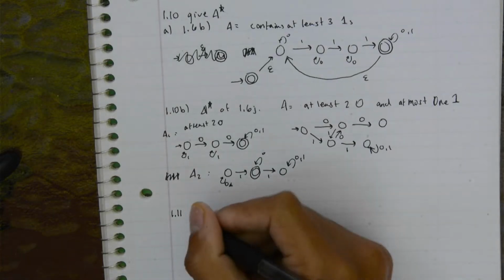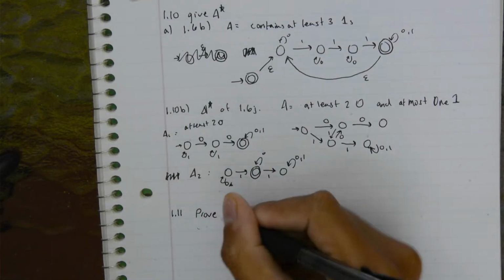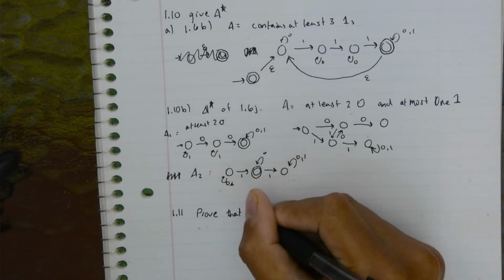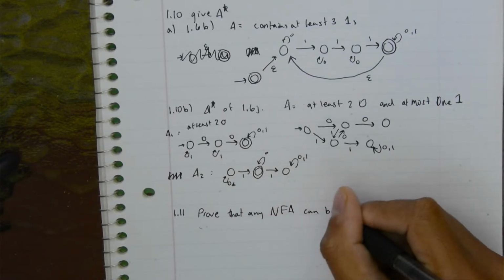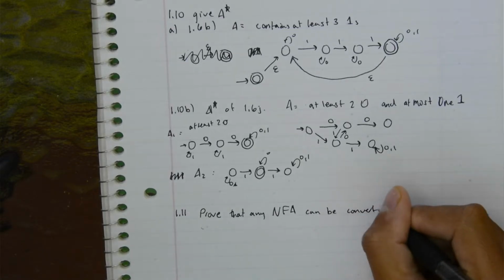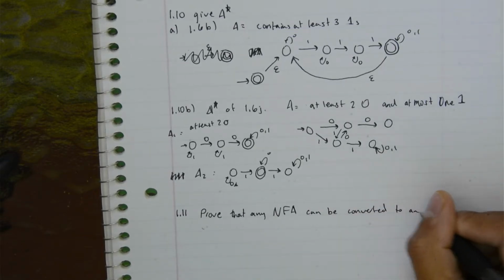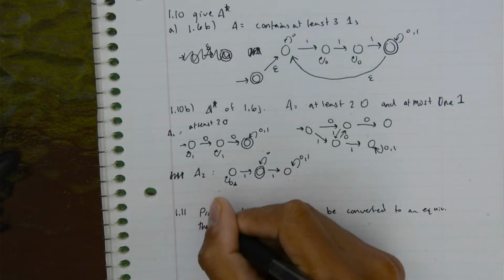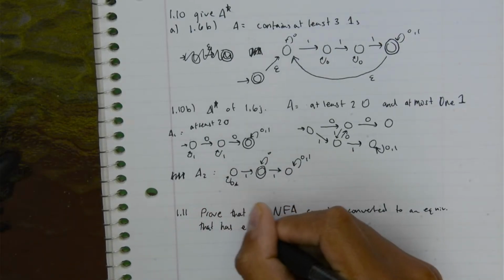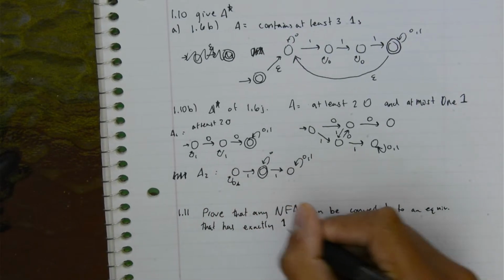Okay. All right. So this one's going to be: prove that any NFA can be converted to an equivalent one that has exactly one accept state.